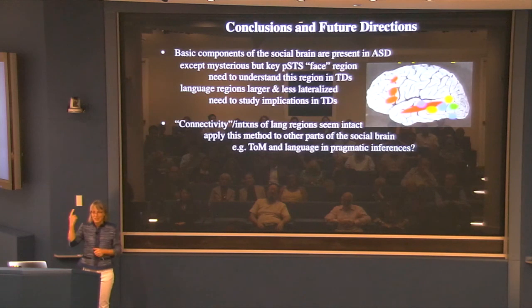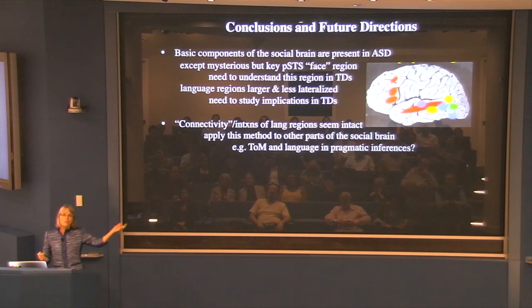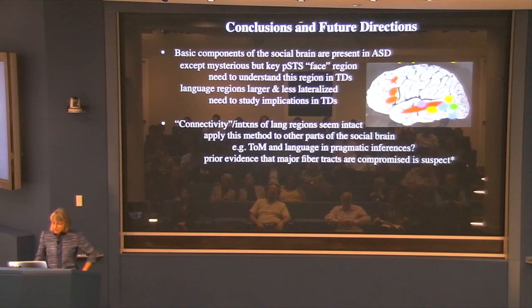That means you have to incorporate a lot of world knowledge to figure out that it's raining means, no, I didn't go jogging, because who would want to go jogging in the rain or something like that, right? That kind of high-level language processing that requires knowing more about the background of the thoughts of the person you're speaking with, bringing in more world knowledge, all of that kind of stuff, I think is a ripe area for study with autism, and I think we can look at it with the interactions between these language and theory of mind regions.